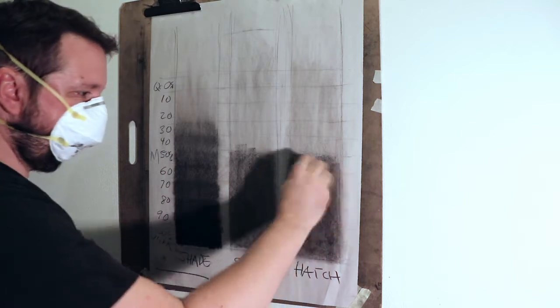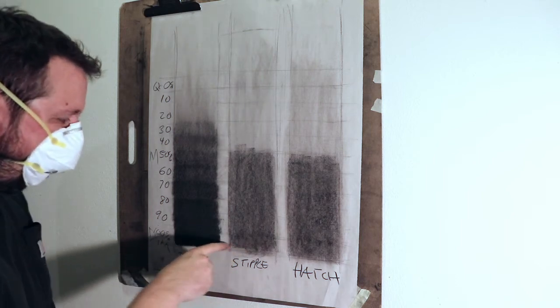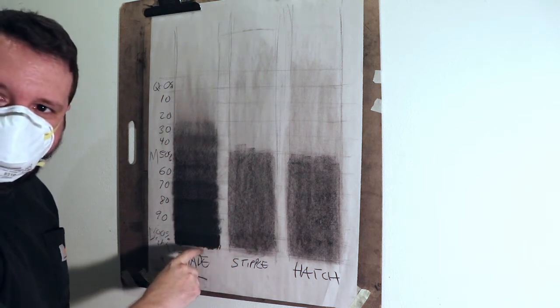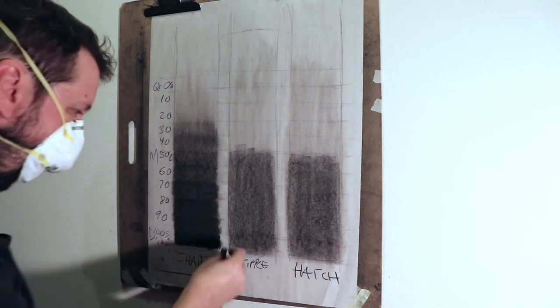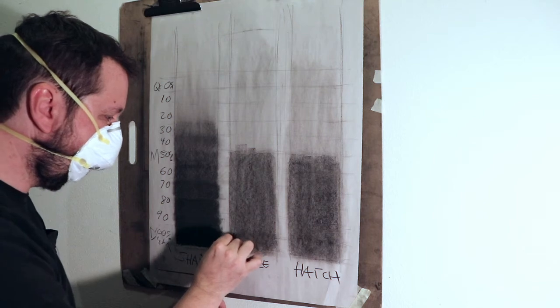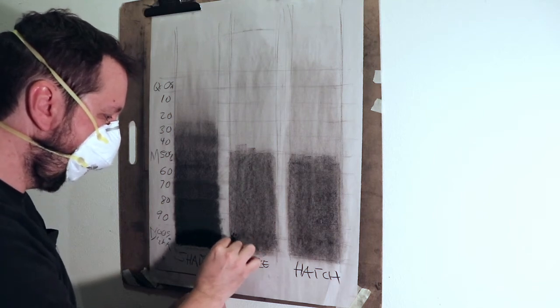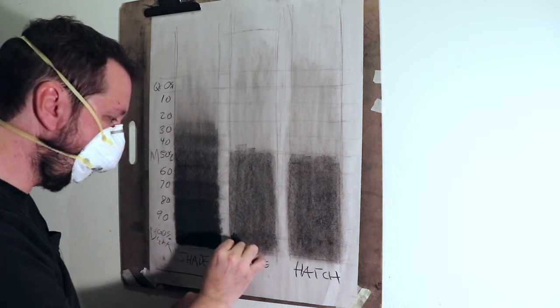All right, let's talk about stipple marks and hatch marks. So with the stipple, I want this to be even to this very, very dark, but I want to do that by stippling. So stippling is basically making small little marks, small little dots.